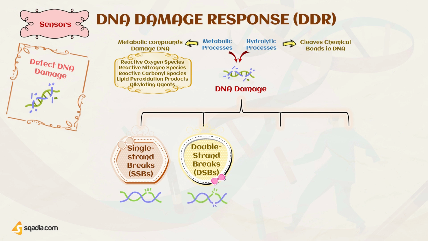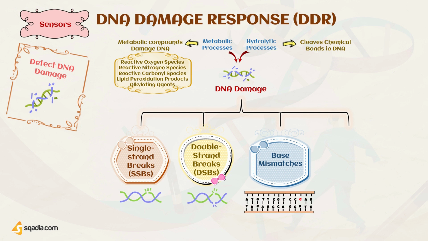Base mismatches. These occur when there is a mismatch between the nucleotides that make up the DNA sequence. These occur if the replication machinery inserts the wrong nucleotide opposite a template base, leading to base substitutions.